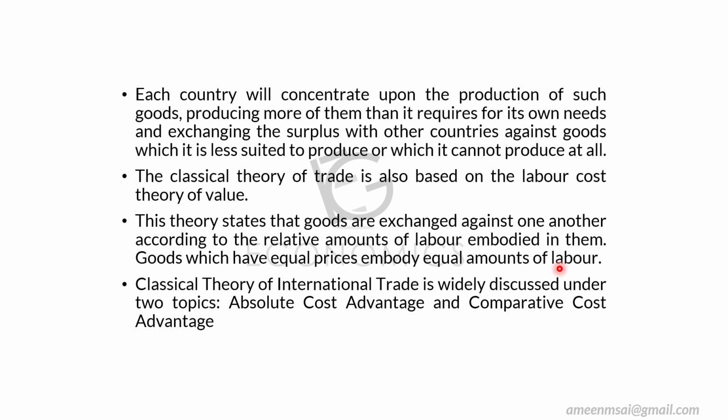When the price of a commodity increases, that means the amount of labor embodied in the production of that good has to be more. That's how the classical economists put forward their theory.